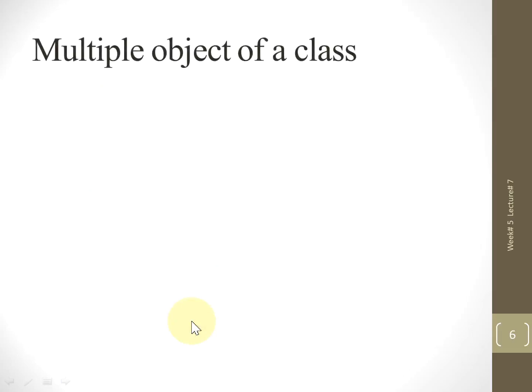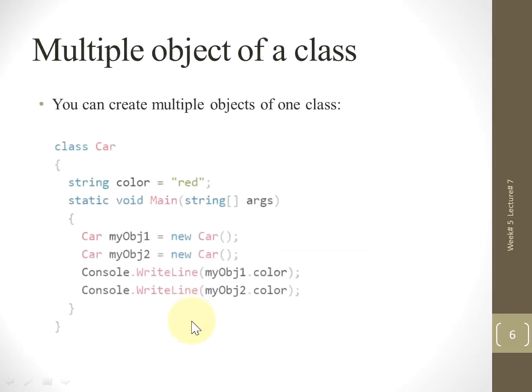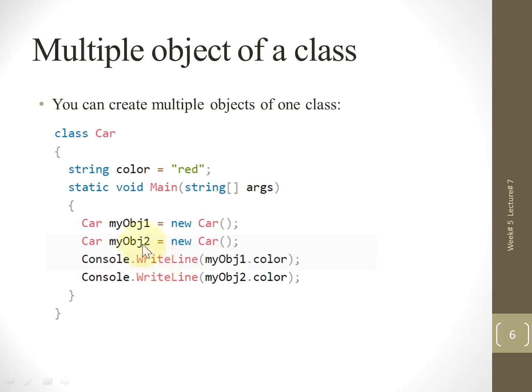How to create multiple objects within a class is very simple. If you look again at the same example, we have a data member and we have created object number 1, and the same method but with a different object name, object number 2: class name, object name, assignment operator, new operator, and the class reference.